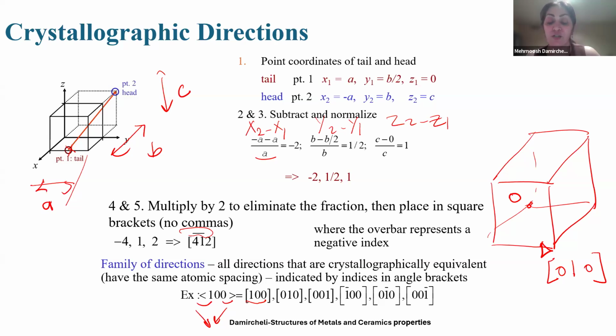Why are families of directions important for us? Families of directions make it easier to study crystals because instead of looking at single directions, we can group them in equivalent sets. In the next slide, I show you, for example, different directions that belong to one family of directions.